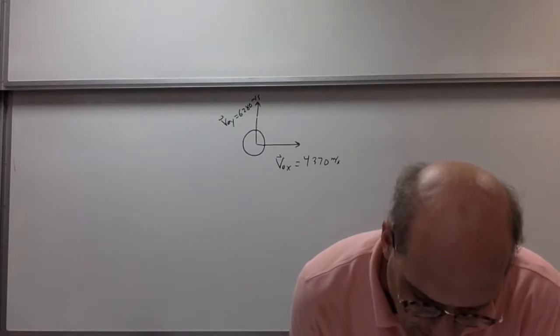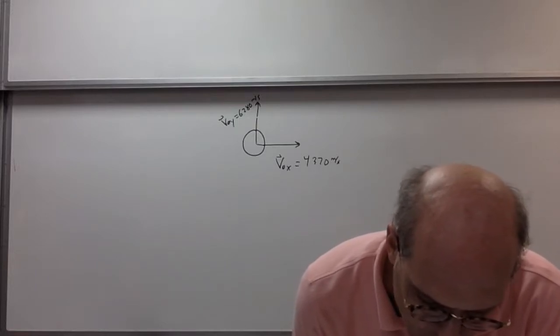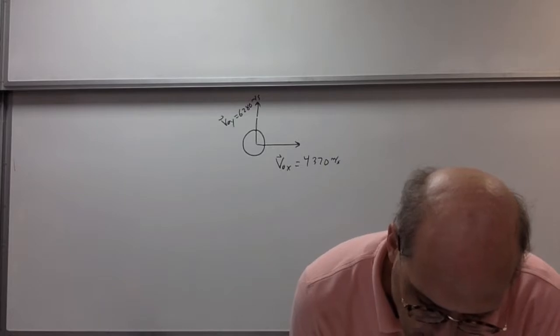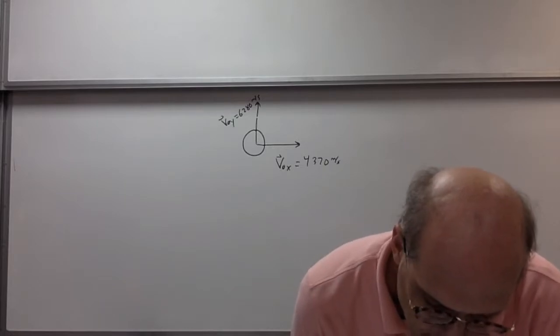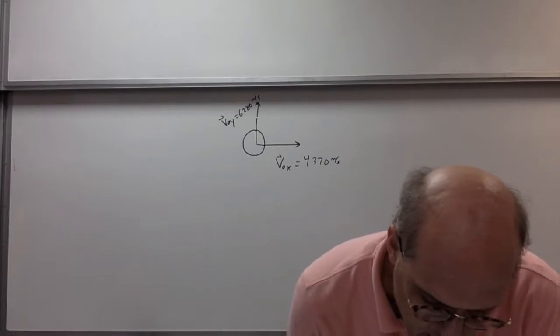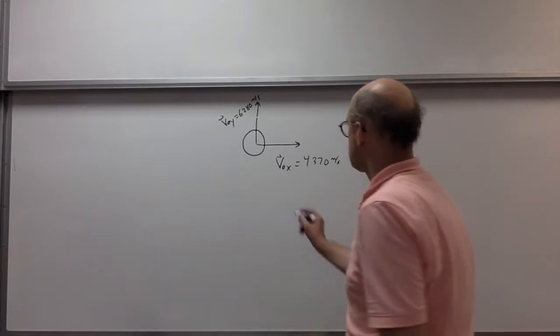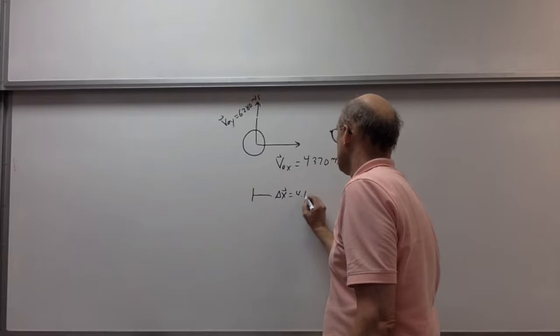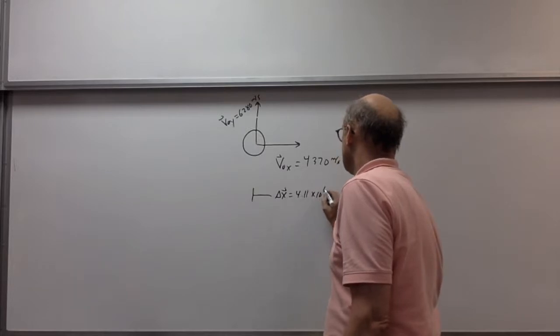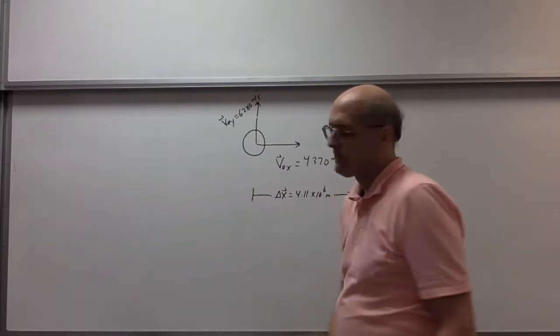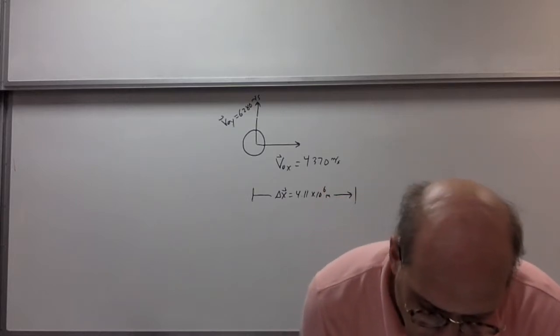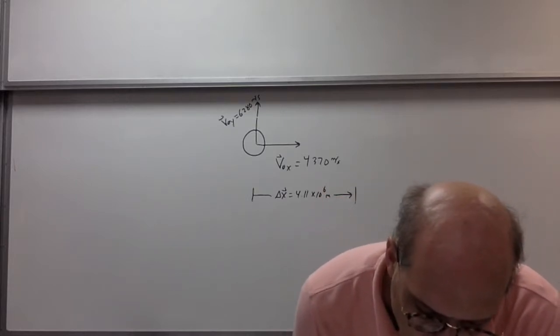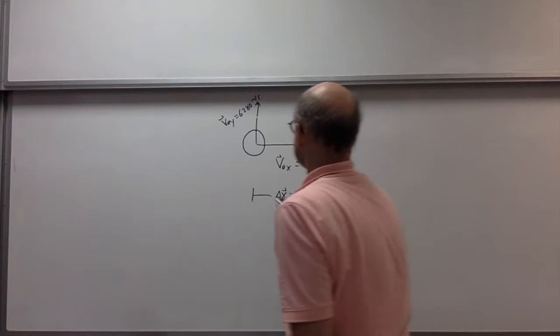The engines are firing, and the object undergoes a displacement in the x of 4.11 times 10 to the 6, and in the y of 6.07 times 10 to the 6.